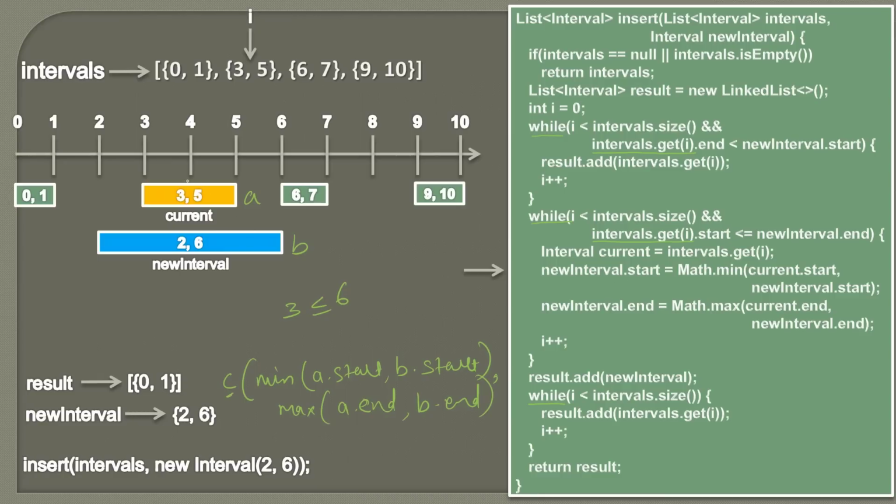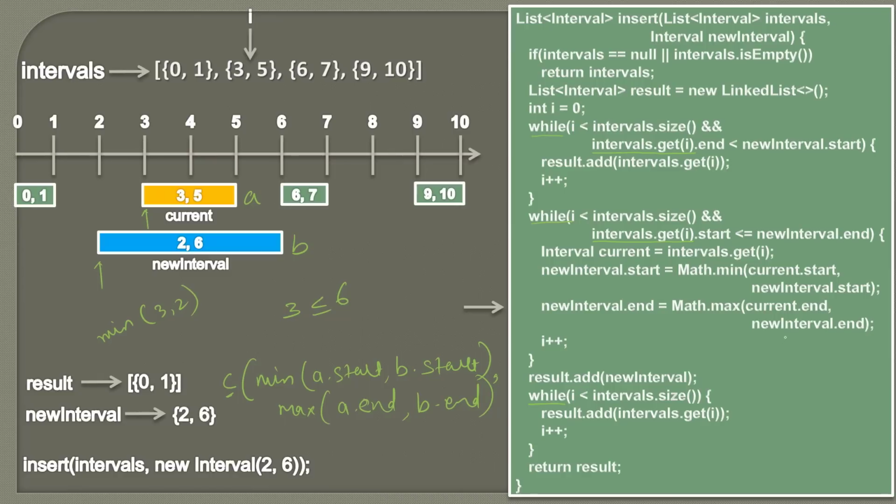We are simply merging 3, 5 into the new interval only. So new interval start will become the minimum of current start, which is 3, and new interval start, which is 2. So minimum of 3, 2 will give 2. So new interval dot start will become 2, which is already 2. So this won't get changed. Now new interval end will become max of A dot end and B dot end.